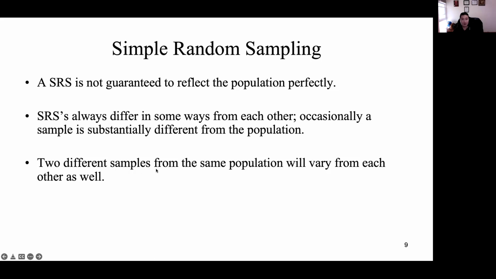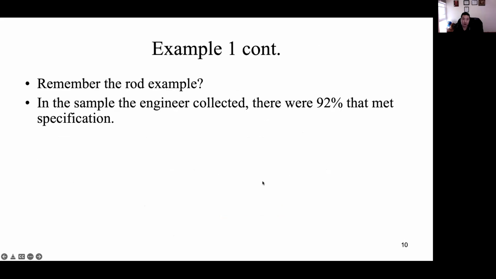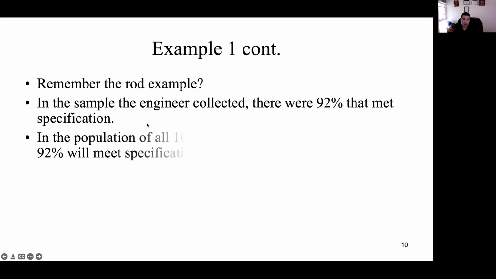So two different samples from the same population will vary from each other as well. We call this phenomenon sampling variation. For the rods, in a sample of 50 rods, the engineer found 92% meet the specs.